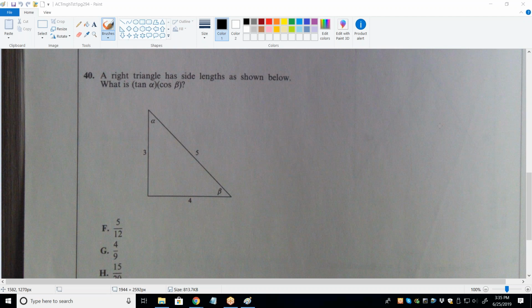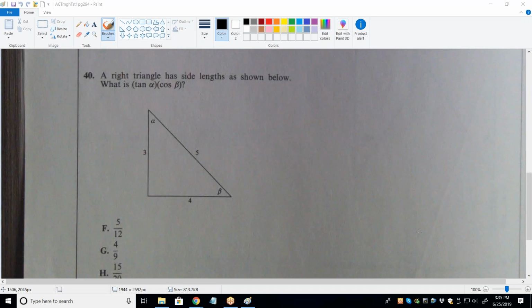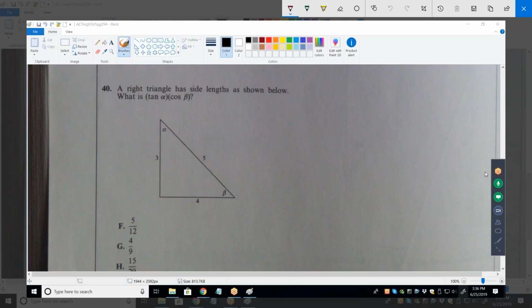What are all the options? And it was the tangent of A times the cosine of B. So the tangent of A is 4 over 3.